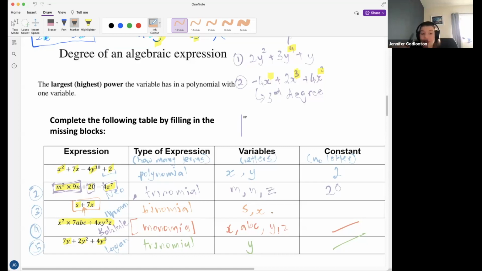So in this case, that 7 has got a little x attached to it. Because of the x attached to it, it can't be a constant. We can only have a constant if there are no letters attached to it. So because there isn't anything here where there's no letters, we're going to have to say there is no constant.